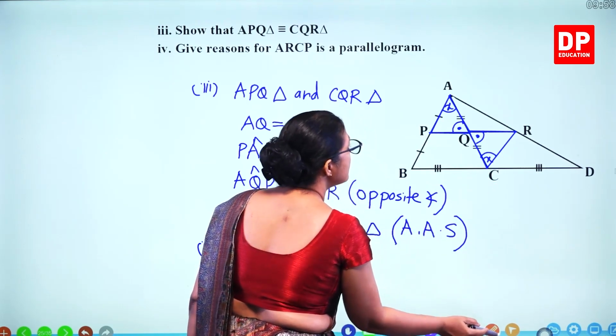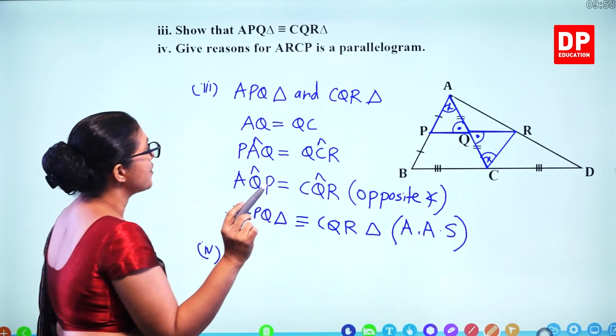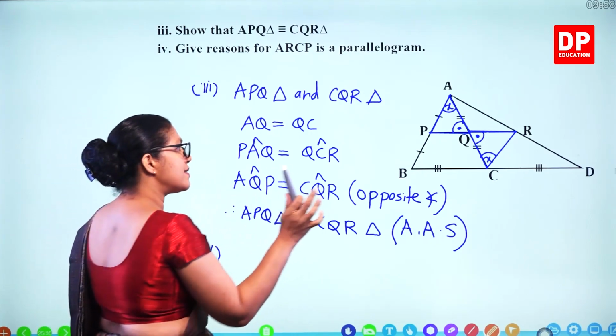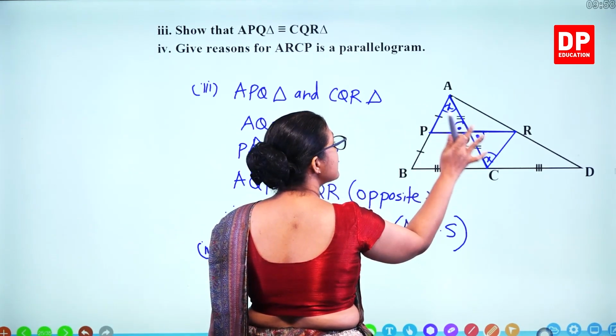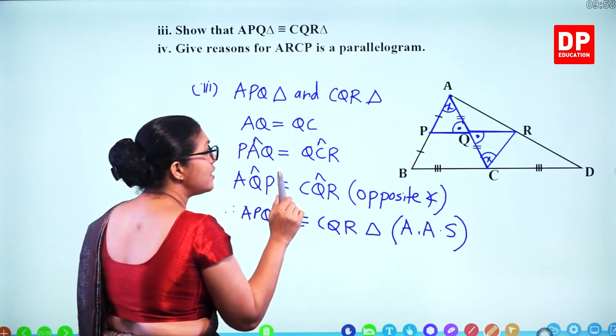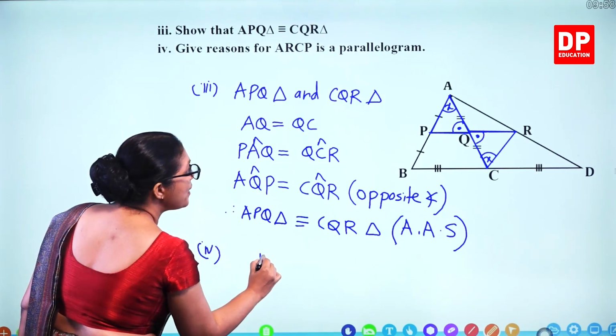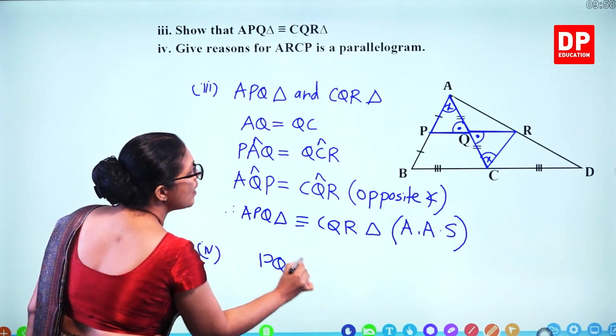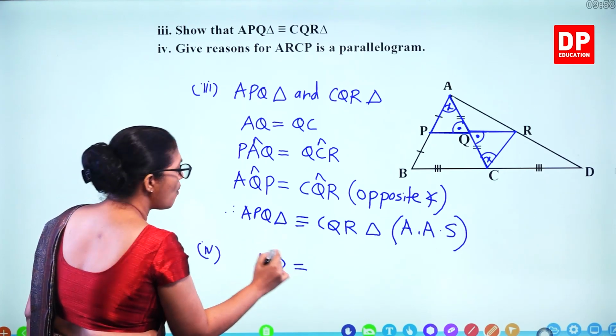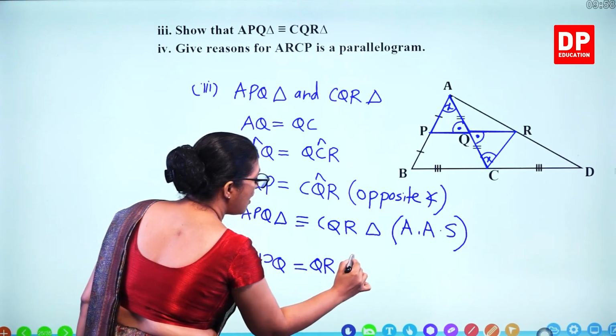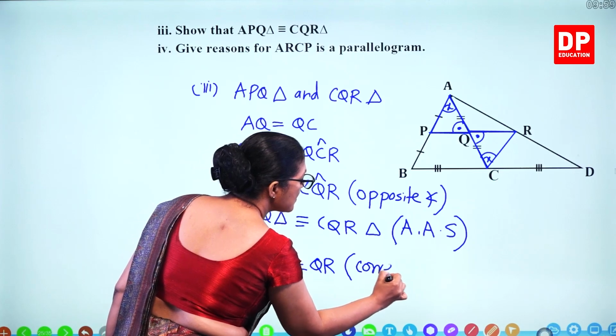ARCP is a parallelogram. Now easily you can say we proved that these two triangles are congruent. Therefore, PQ is equal to QR. Corresponding elements are equal.